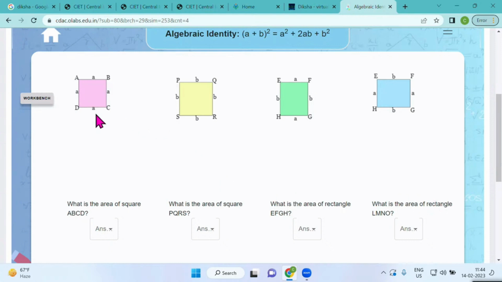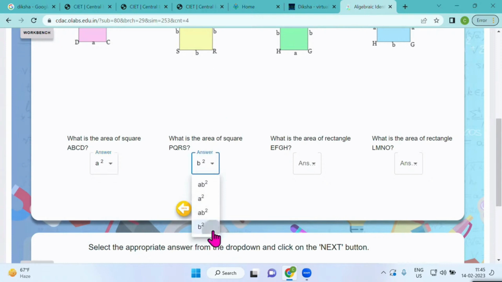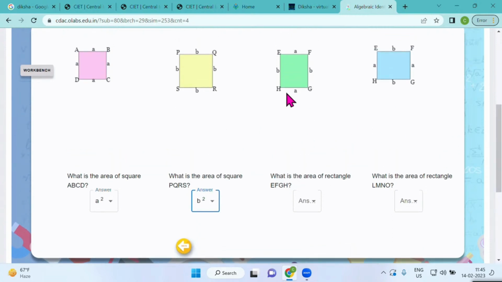As we can see, in the first square we have A units, so the area of the first square is A square. And what is the area of the square PQRS, which has B units? We can click on B square. And what is the area of the rectangle EFGH? It has A units as its length and B as its breadth.